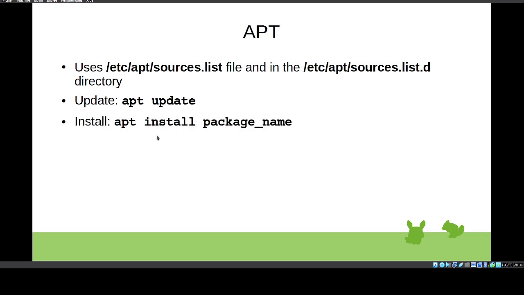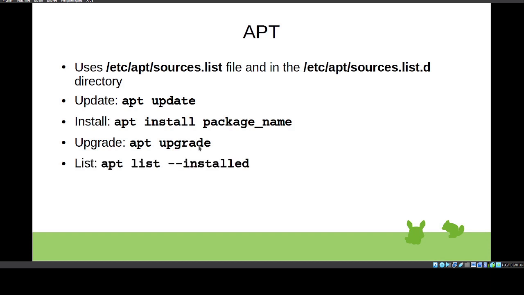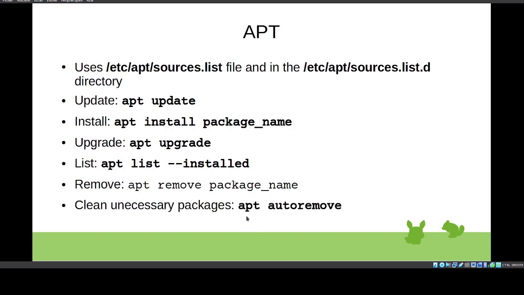Next, you can choose to install the package or to upgrade the whole system, so we will see if there is a new version of your software. You can list the installed packages, and you can also remove a package. To clean up all packages, so when packages are not used or deprecated or you don't need them, you can use apt autoremove.